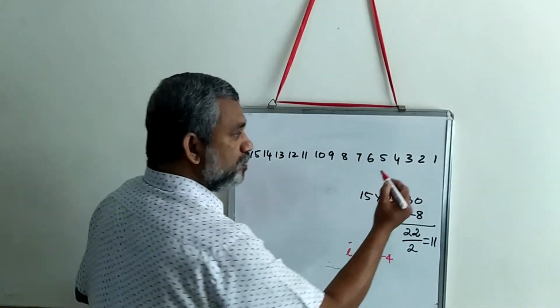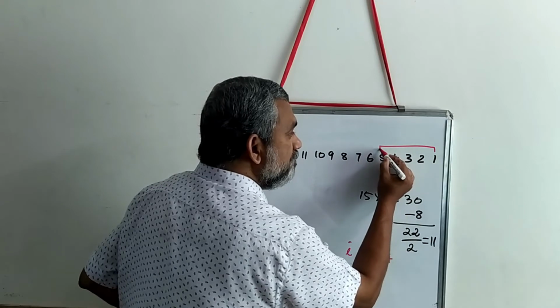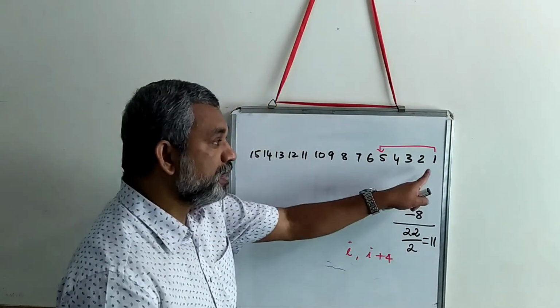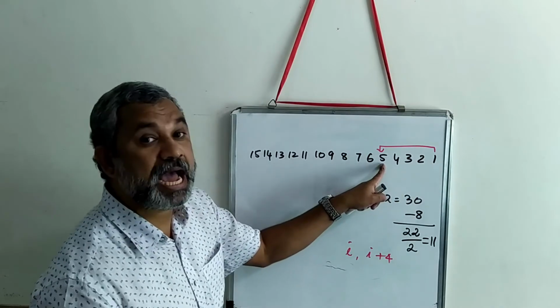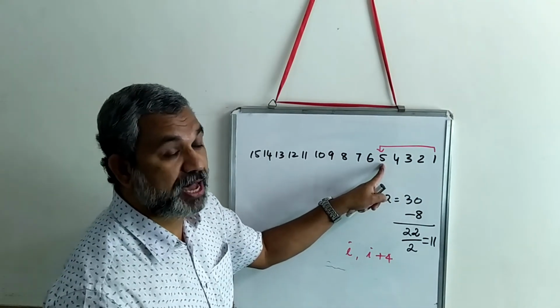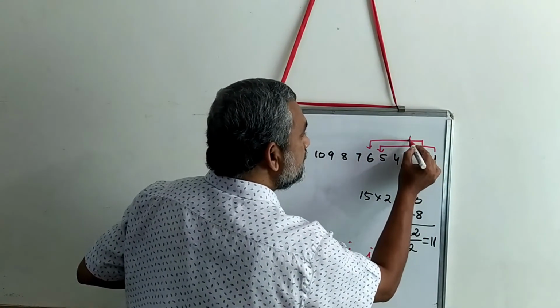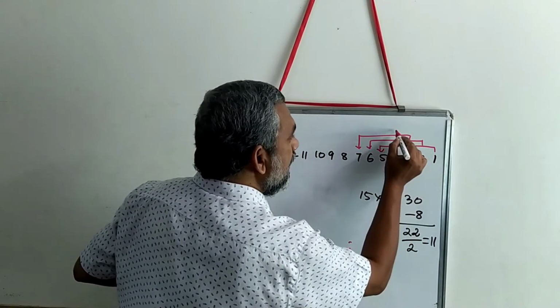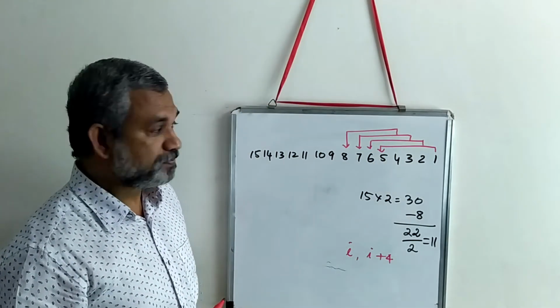So the first one will form a hydrogen bond with the 5th amino acid. This carboxyl end forms a hydrogen bond with the amino terminus of this 5th amino acid. The second will form with the 6th, the third will form with the 7th, and the 4th will form with the 8th amino acid.